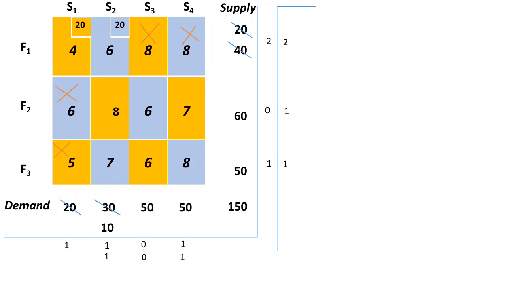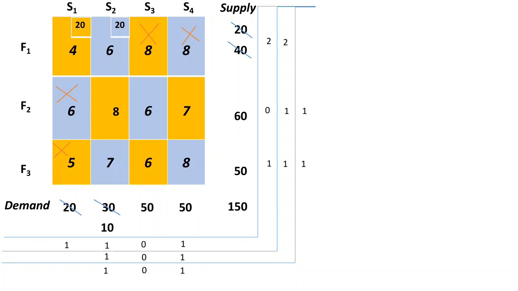Now we again find the penalty for rest of the rows and columns. Here for row 2 the value is 7 minus 6, 1. For row 3 1. For column 4 8 minus 7, 1. For column 3 0. For column 2 1.